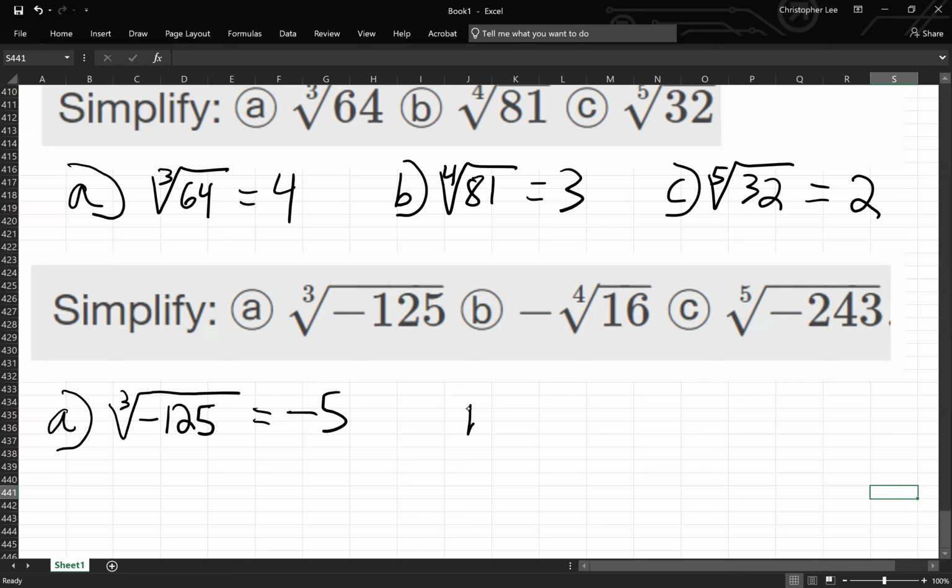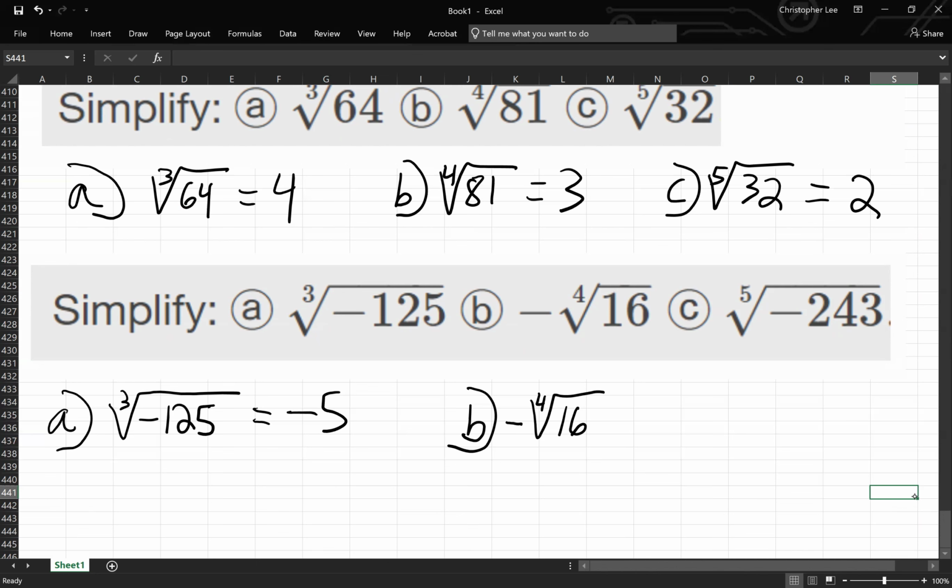How about B? Oof, that's a little hard. Negative, the fourth root of 16. What do we think? Because the negative is on the outside, that's why.